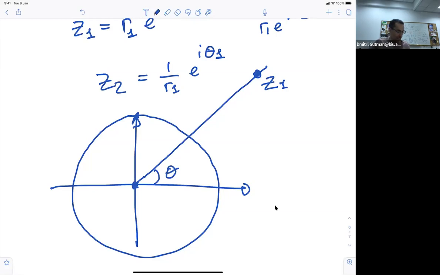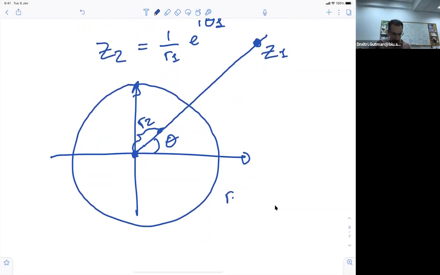And where on this line will the point lie? It will be somewhere here, at a distance R2 from the center, and R2 is just 1 over R1.